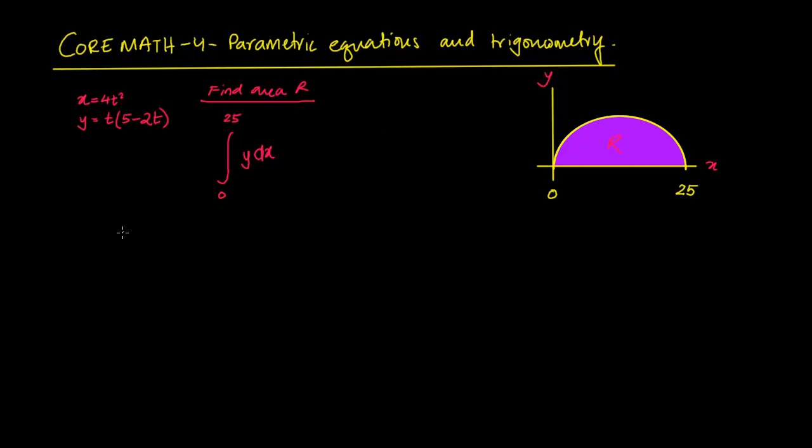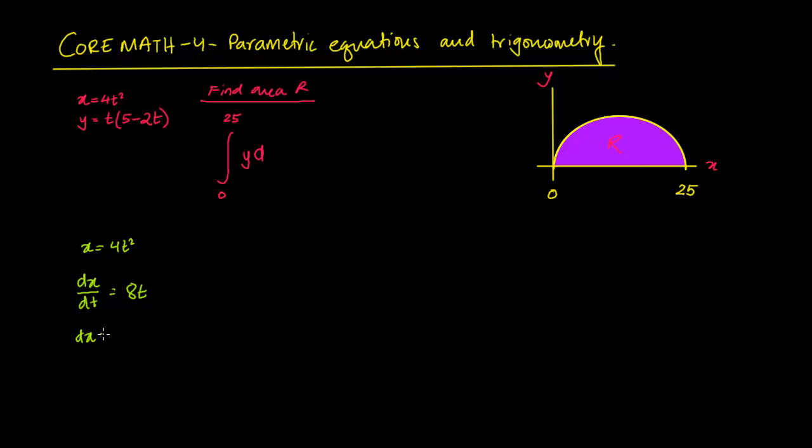Okay, so first we've got to find dx over dt, which is essentially the differentiated form of this equation. To find dx over dt, x is equal to 4t squared, so dx over dt is equal to 8t. 4 times 2 is 8, t squared becomes t.